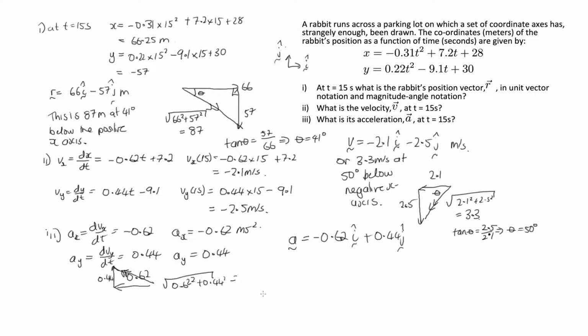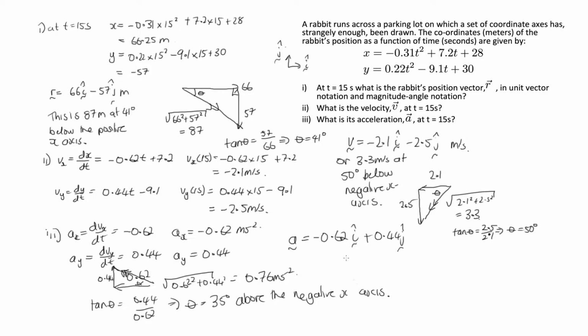And when we evaluate that, we get 0.76 meters per second. And then we need this angle. So we've got tan theta is equal to 0.44 over 0.62, which gives us theta is equal to 35 degrees above the negative x-axis.